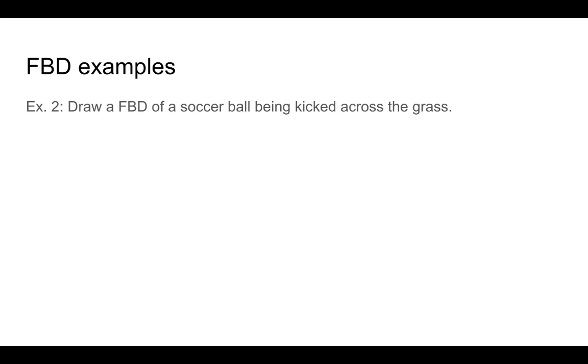Example number 2, we have a free body diagram of a soccer ball being kicked across the grass. So here's my soccer ball. I know it's a very beautiful soccer ball. Now again, this soccer ball is on the earth. So what's the first force that we draw? Yes, you are correct. We draw the force of gravity. So downward force, force of gravity.